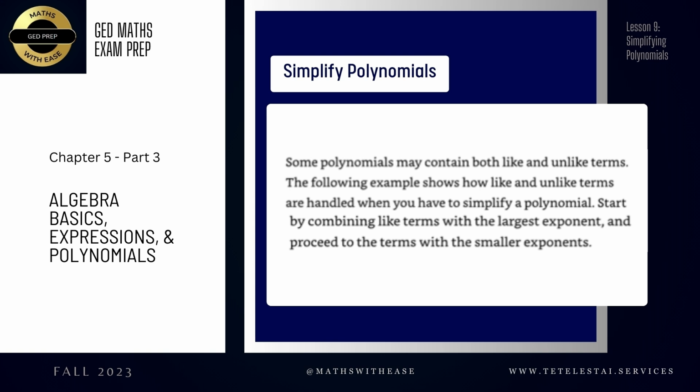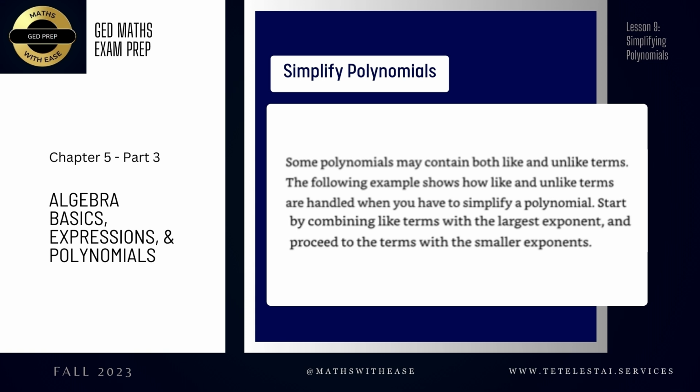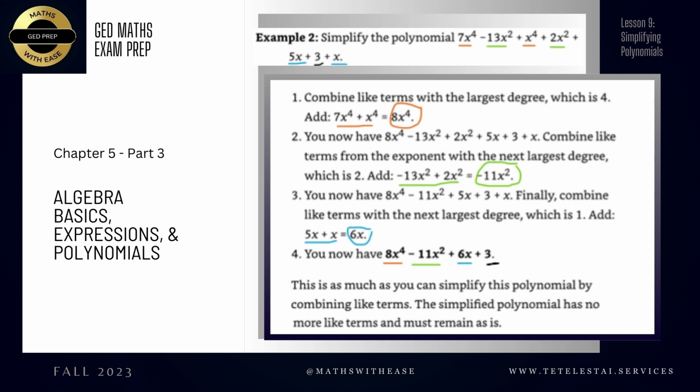You can't add like and unlike terms together. So in this instance, you can't do anything else with this expression because it's full of unlike terms. That's what this note is telling you: this is as much as you can simplify the polynomial by combining the like terms. The simplified polynomial must remain as it is.